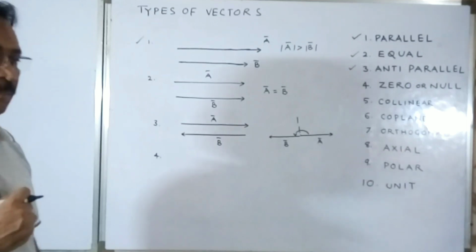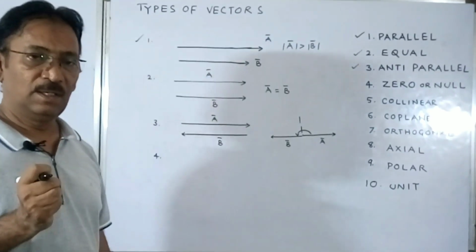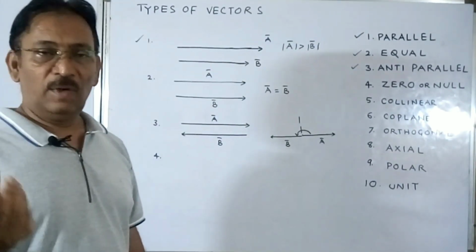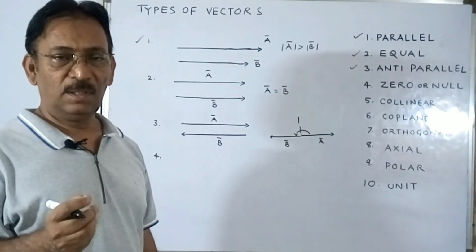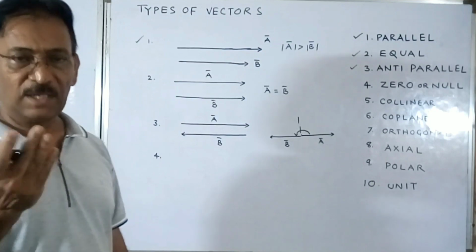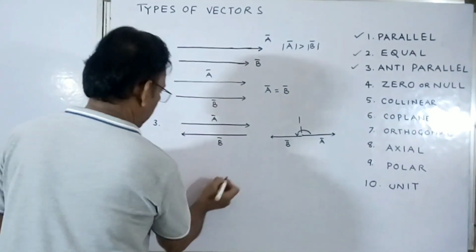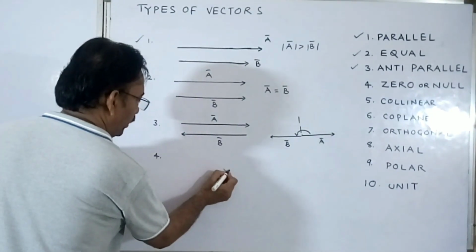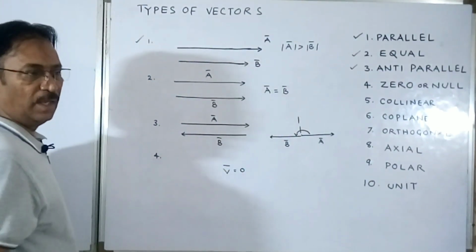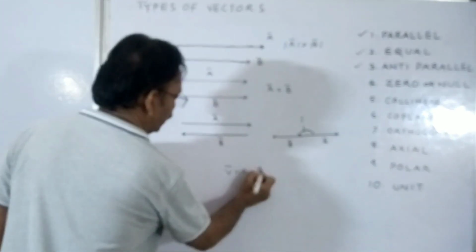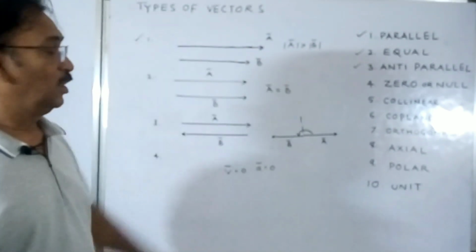For example, say it is the velocity vector. If it is written as a zero vector, that means velocity is zero. In the same way, acceleration must also be zero. Then we call it the zero vector.